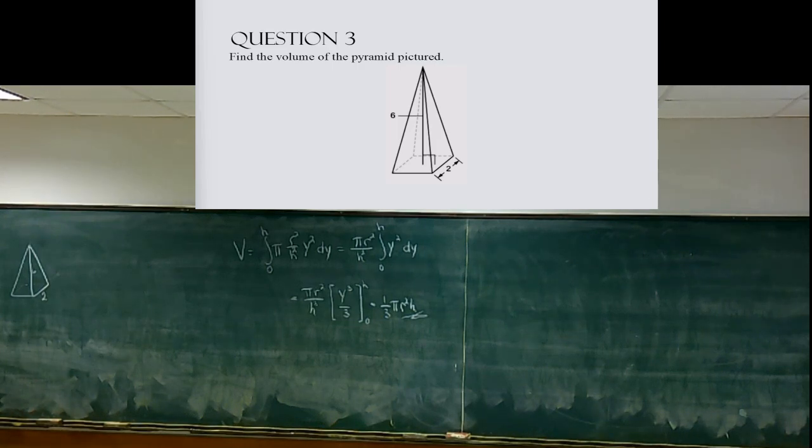That's fine. That's height 6. The base is a square of length 2. The cross section is going to be a square.